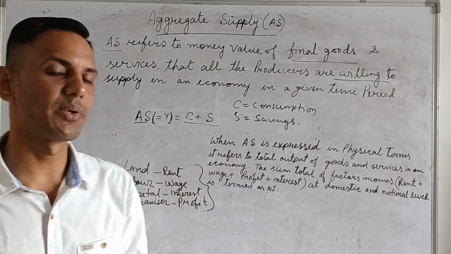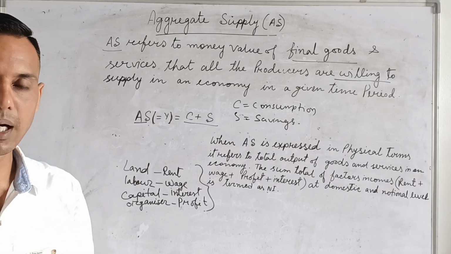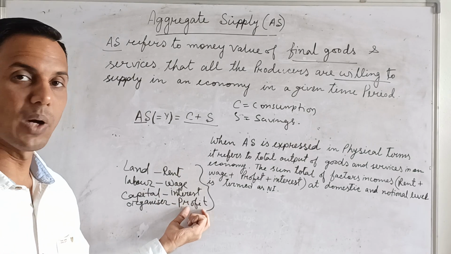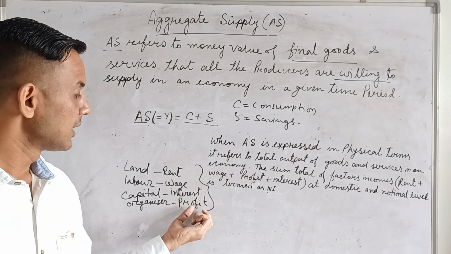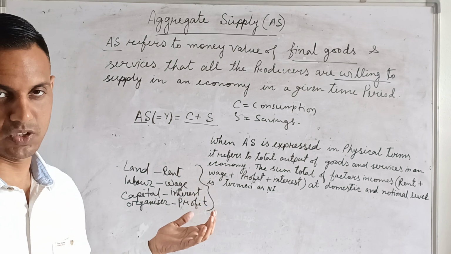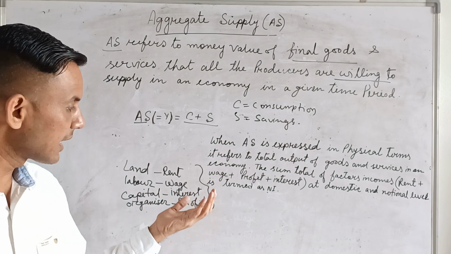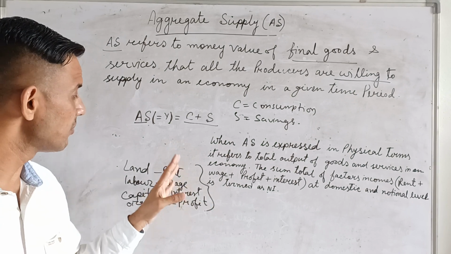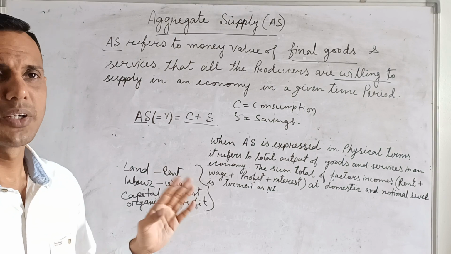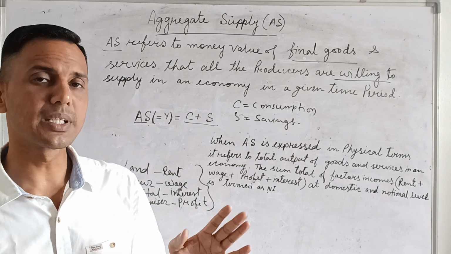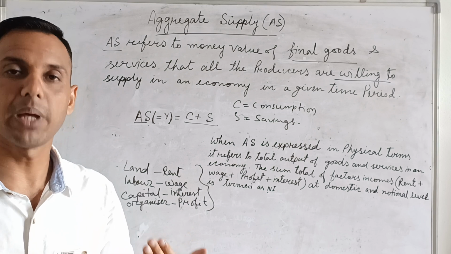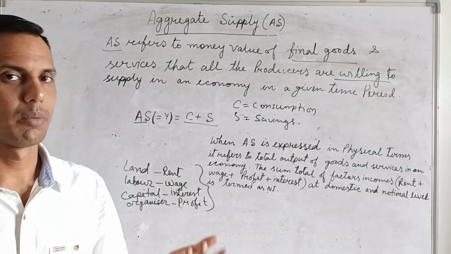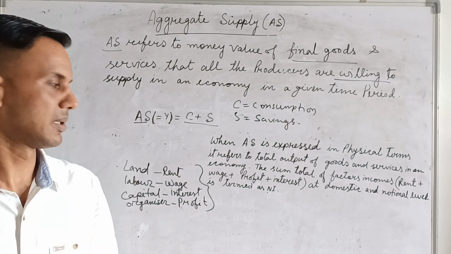I think you know the difference between factor income and transfer income. Factor income means when they are related to production and they give you some return. So these are factor incomes. Transfer income means things like old age pension and scholarship, which are not related to production, in simple terms.